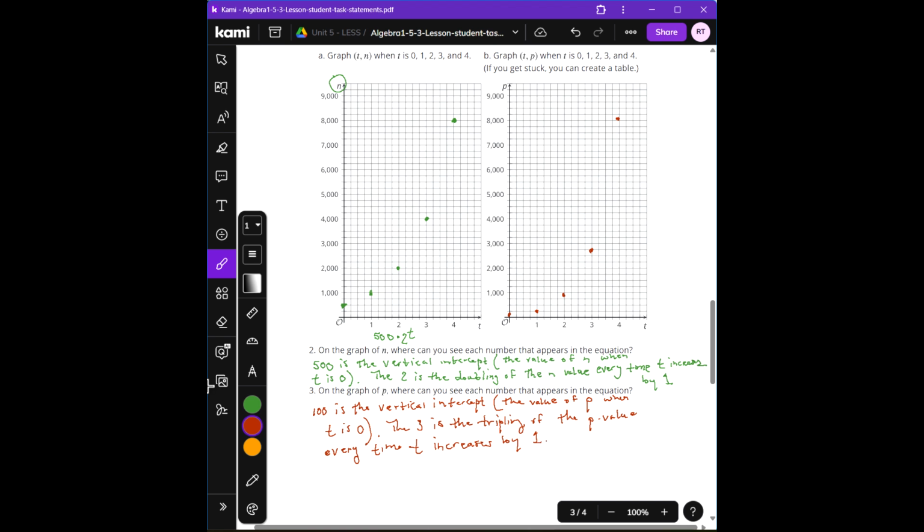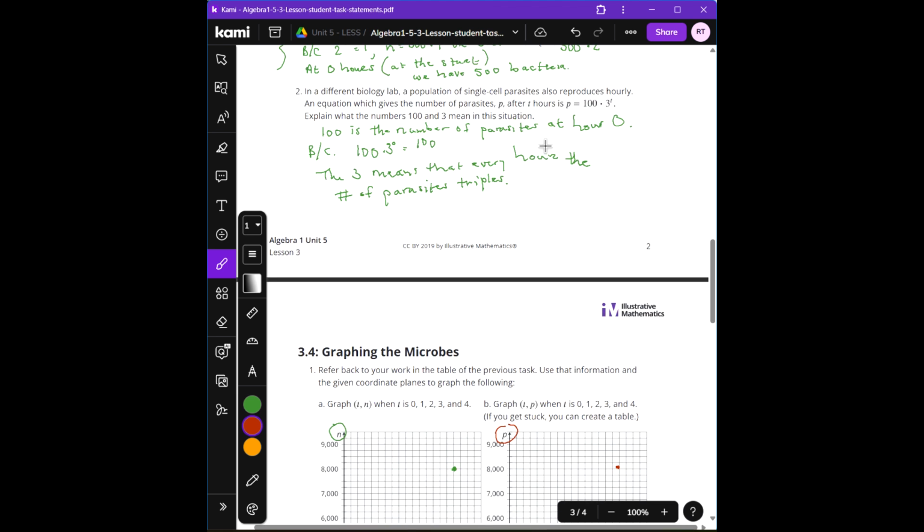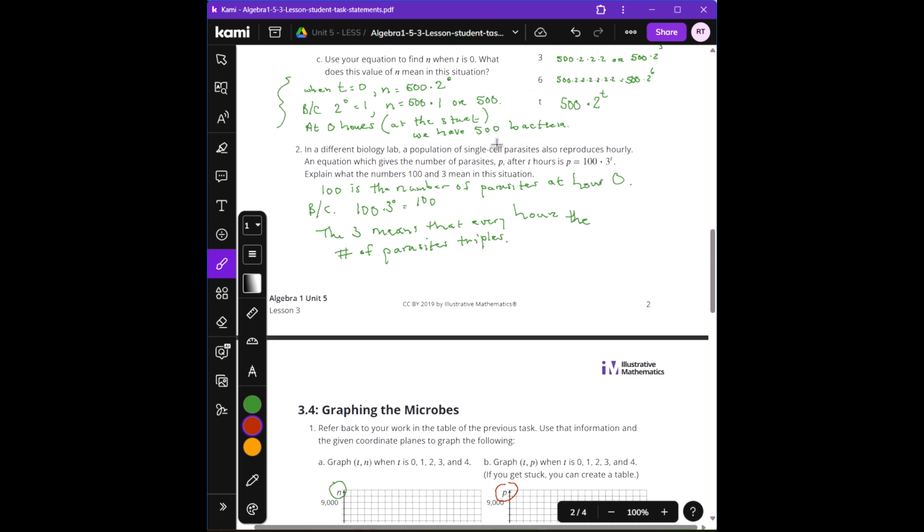So that one is going to be 100 times 3 to the t. Okay, remember, here's our graph of p, and that comes from question number 2 above.